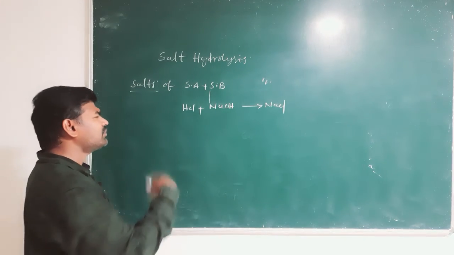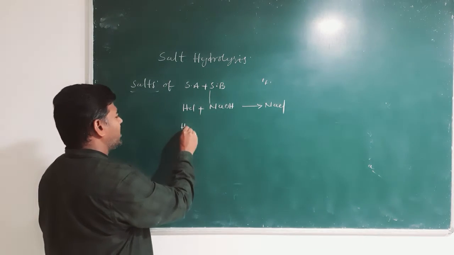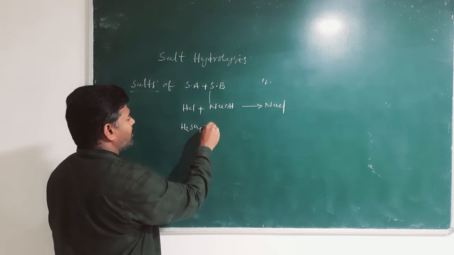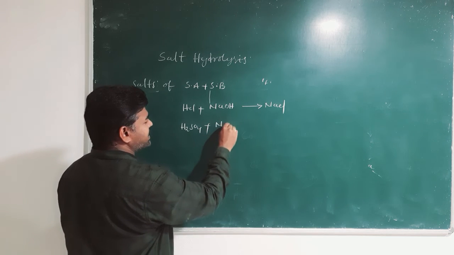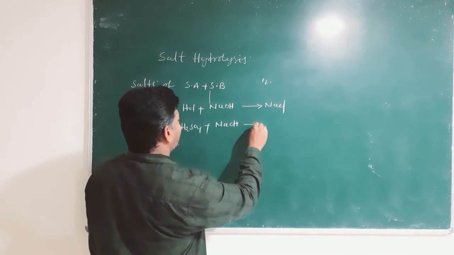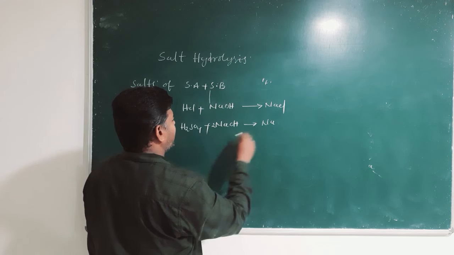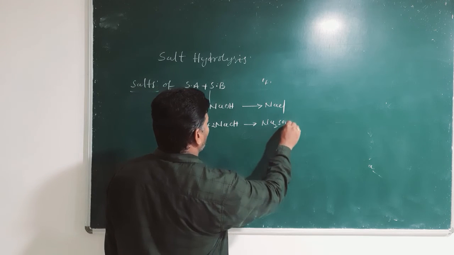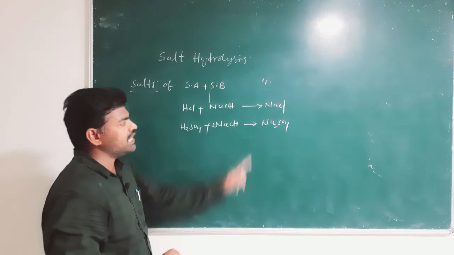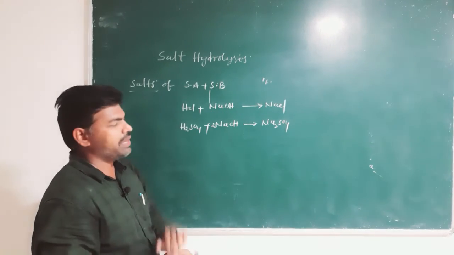There are several examples. H2SO4 is a strong acid and NaOH is a strong base. It can form Na2SO4, with 2 moles of NaOH. This is a salt of strong acid and strong base.